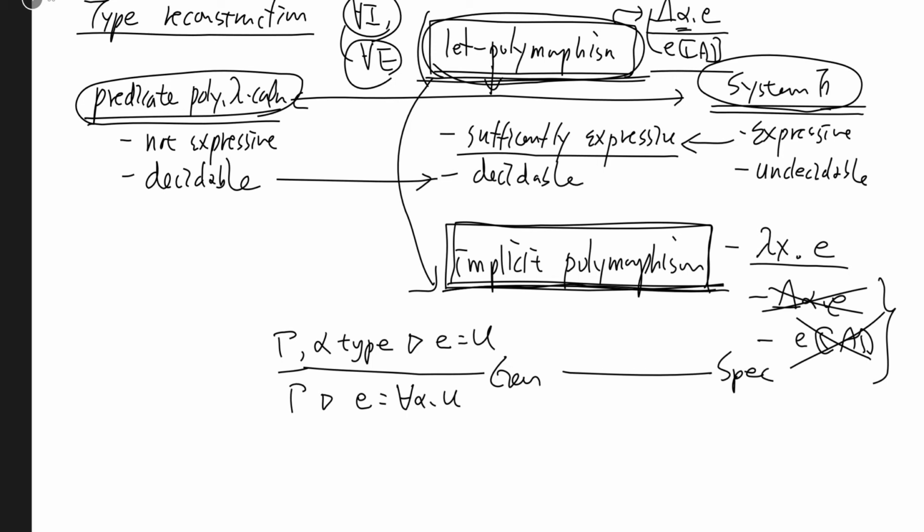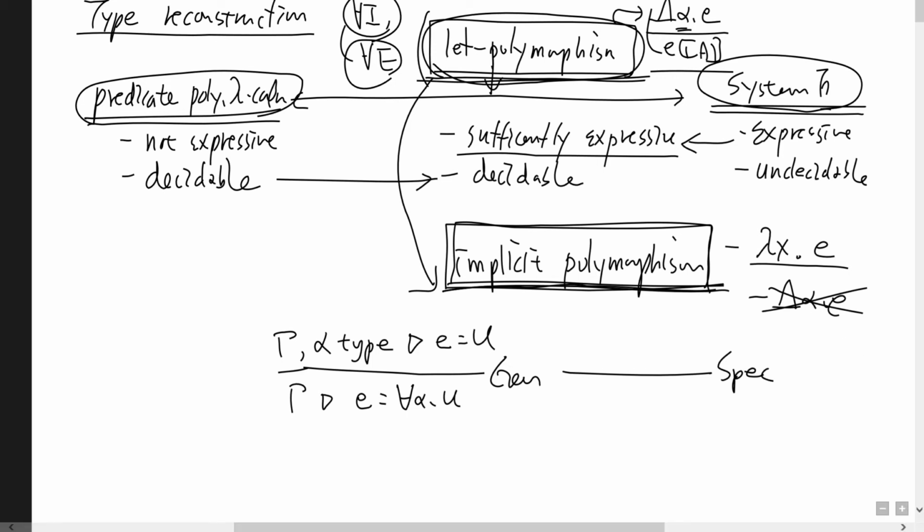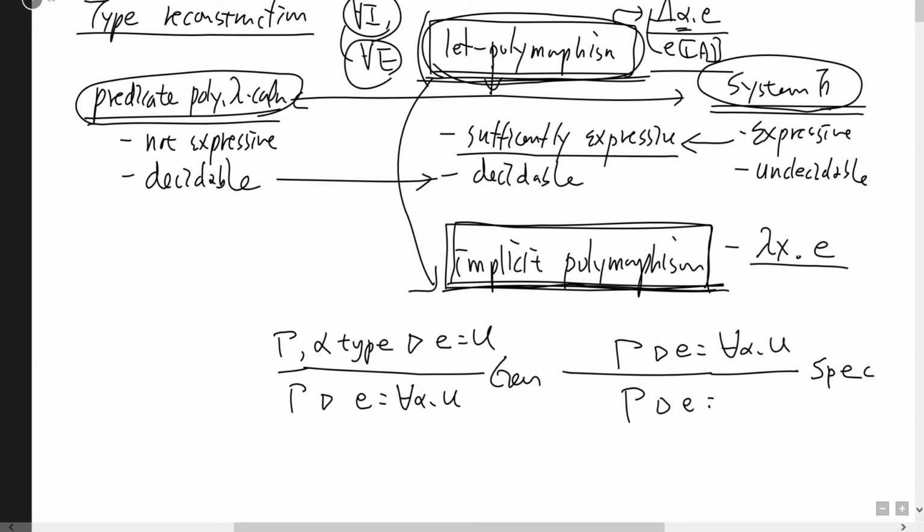And the specialization rule says: if expression E has this polymorphic type, then we may instantiate the type variable alpha with a monotype A. We also have to make sure that A is a valid type, so we use a type judgment, which says A is a valid type.